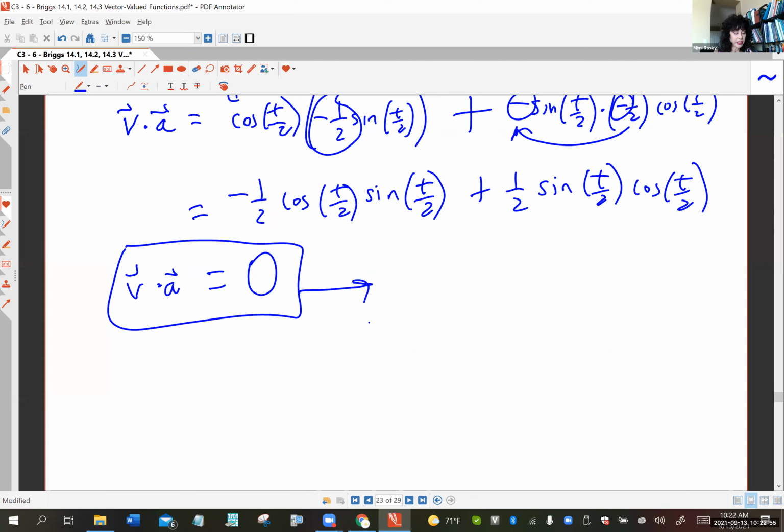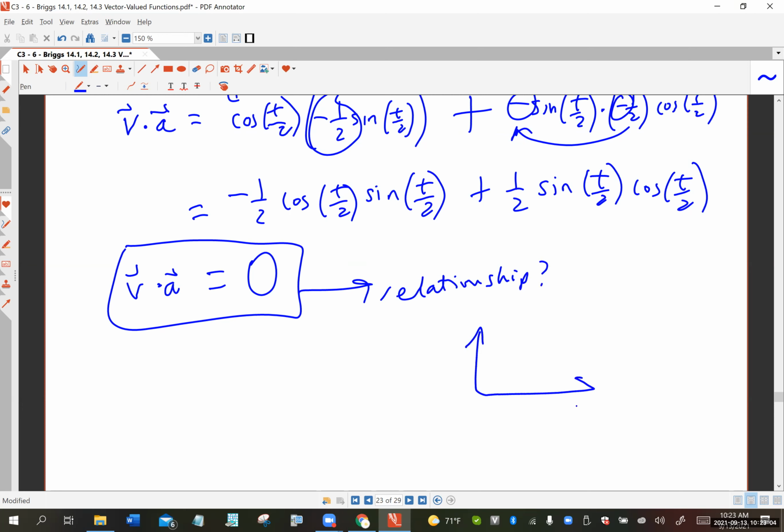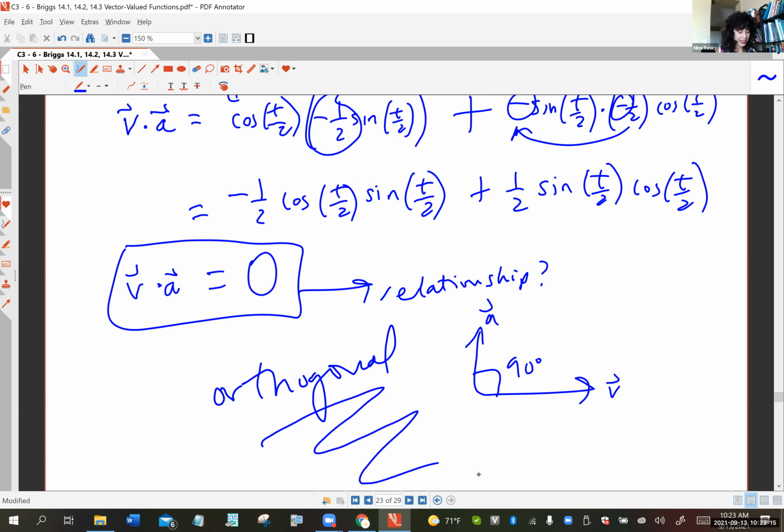What does that say about their relationship if you were to graph them? They're orthogonal. Very good. Yeah, they're orthogonal. V would be going in one direction, but A would be exactly 90 degrees with it, right? So they are orthogonal. And that's the answer. Is that always the case?